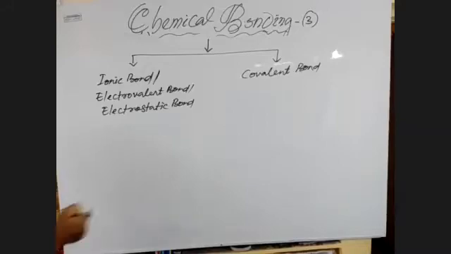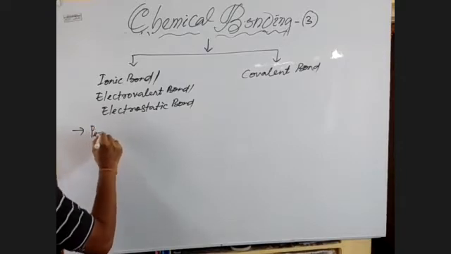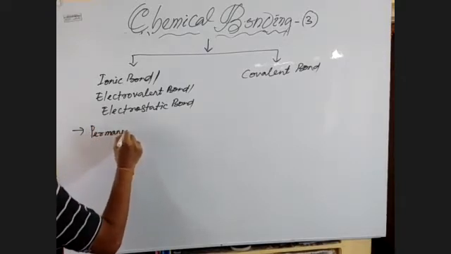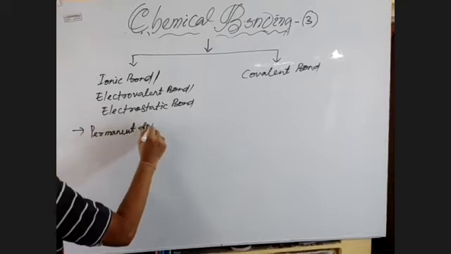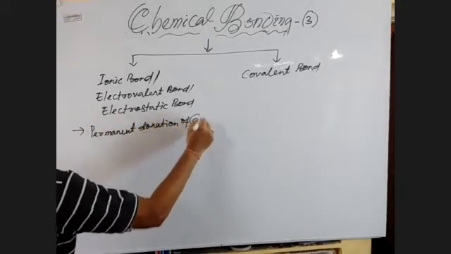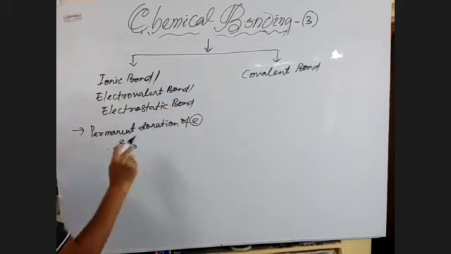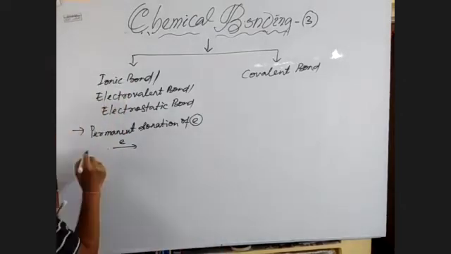Now, what is this ionic bond? In an ionic bond, permanent donation of electron takes place. Someone has to donate; it is called the donor.